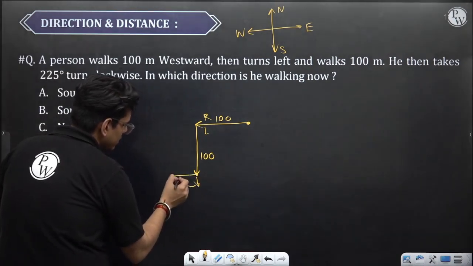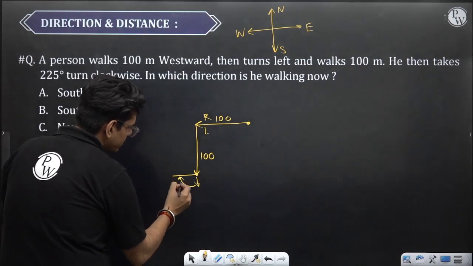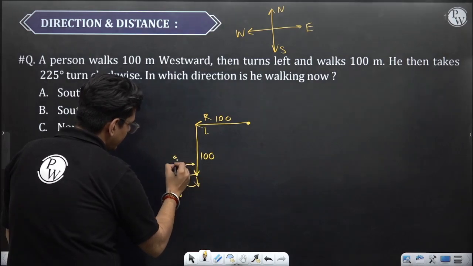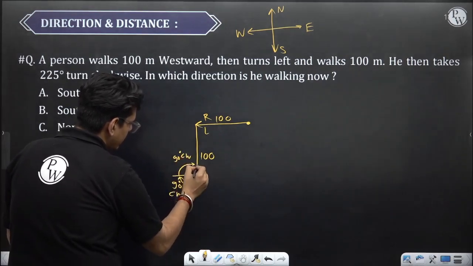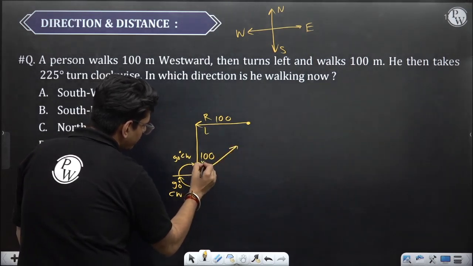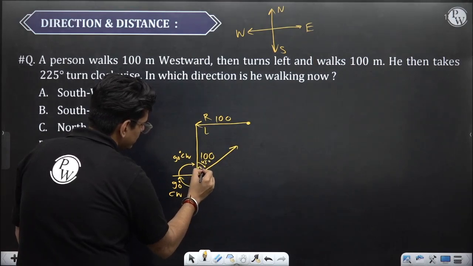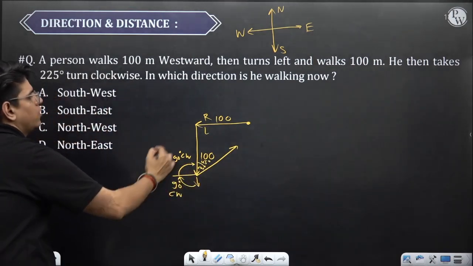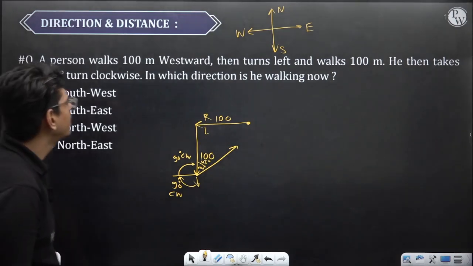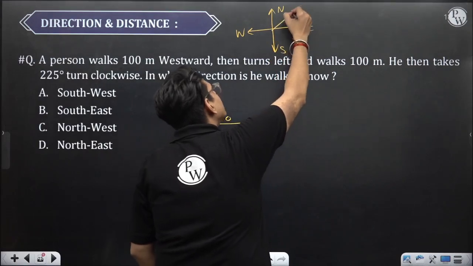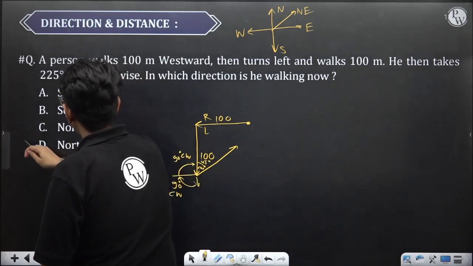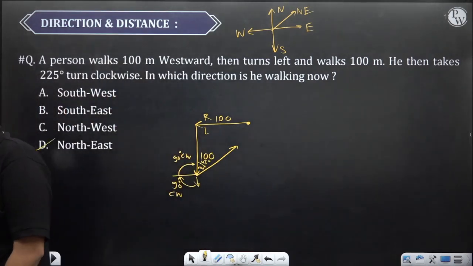This is 90 degrees clockwise. This is 90 degrees again clockwise, and this is 45 degrees clockwise. In total, we have moved 225. What is the final direction? The final direction is northeast. So northeast is our answer, right?